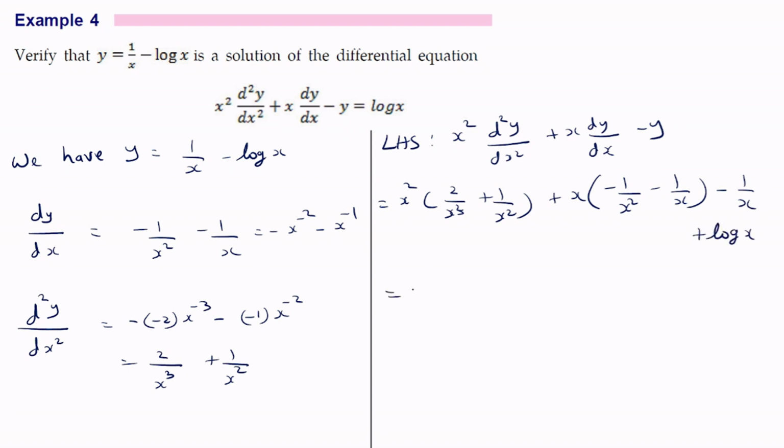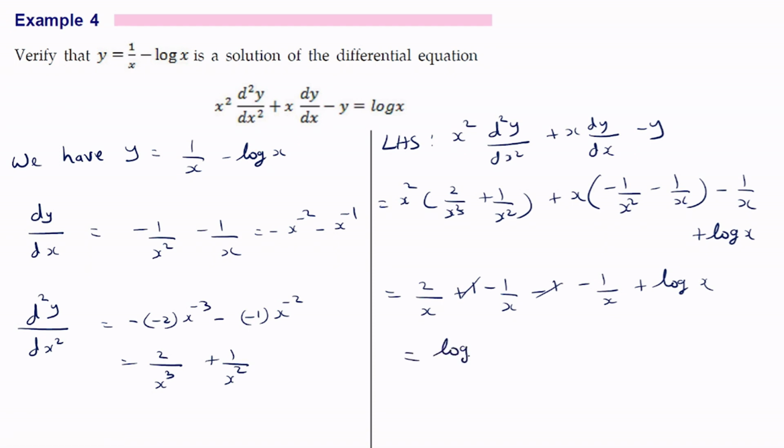Now let us simplify this. So this is 2 by x plus 1, and here x into minus 1 by x square is minus 1 by x, then minus 1, then minus 1 by x plus log x. So here plus 1 minus 1 will get cancelled. Here we have 2 by x minus 1 by x minus 1 by x, so it is 0.